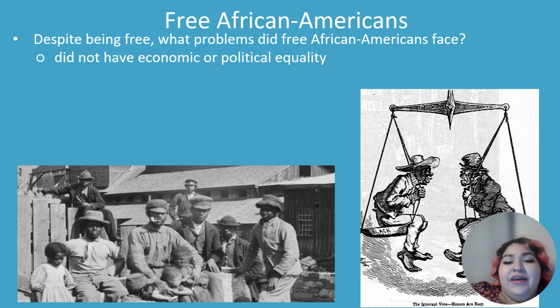They're not going to have the economic and political equality that most Americans do, meaning that not all jobs are going to be available to them, including those that are in most demand, like the factory jobs, right? But they're also not going to have political equality, meaning that they are still not able to vote or be represented in the government, right?